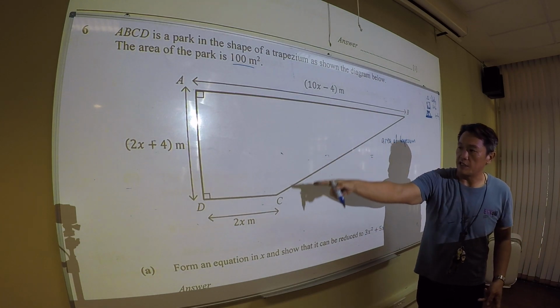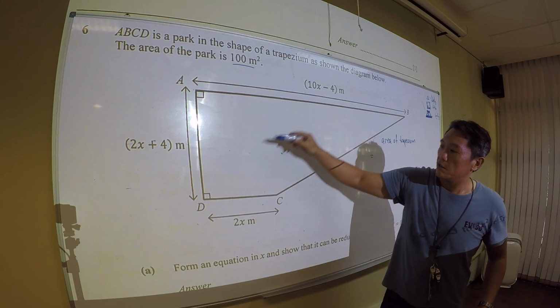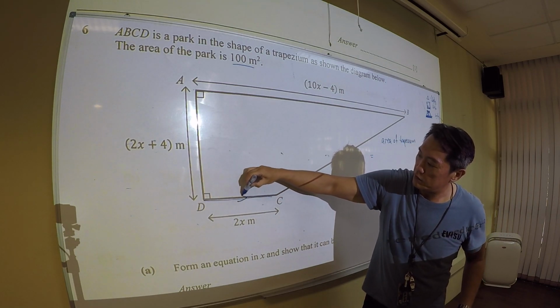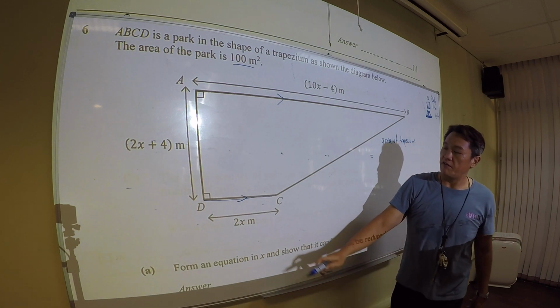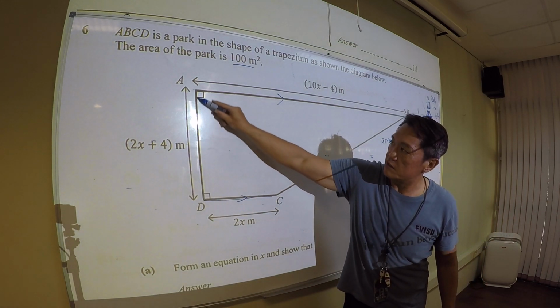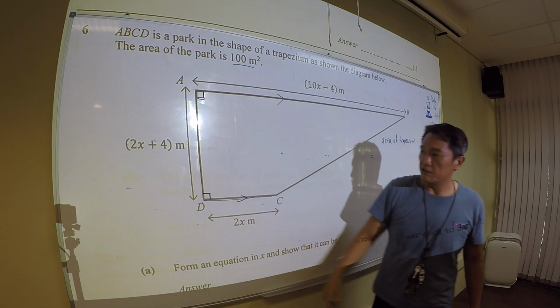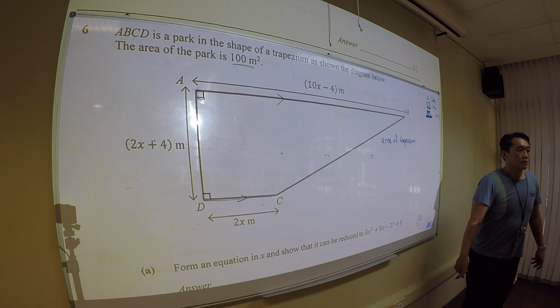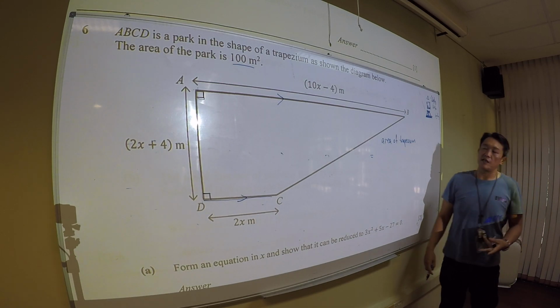So we take this as an example. This side and this side are parallel. Then you will have a perpendicular distance between the parallel sides, which is 90 degrees, 90 degrees. So finding the area is again just base times height.